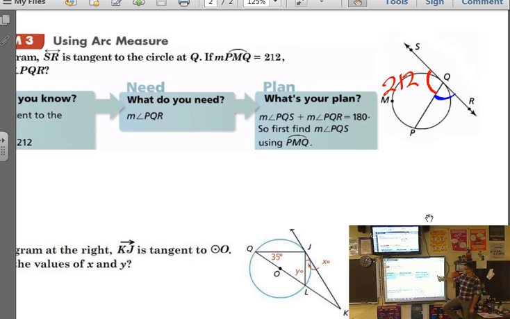So this arc measure here for my blue portion is going to be how much? It's got to add up to 360. You're not listening to what I'm asking. If PMQ is 212, not the angle, the arc, because that angle couldn't be 212.